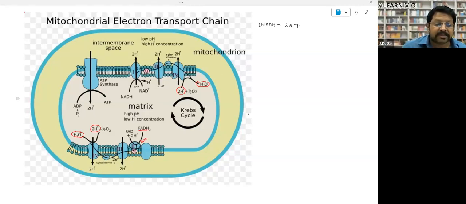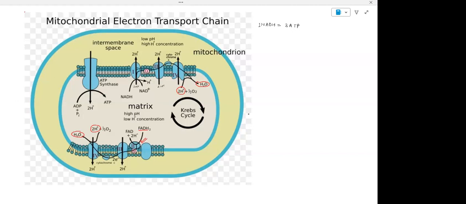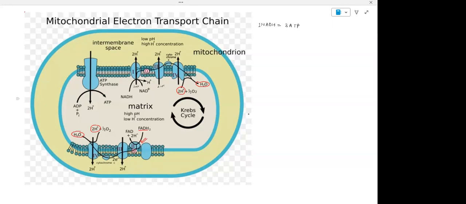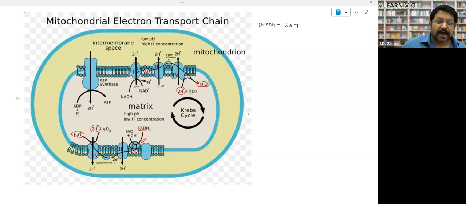This electron will finally be accepted by the oxygen molecule and formation of water takes place. Is that clear, Alia? Yes, sir. So how many hydrogen ions accumulated due to breakdown of 1 NADH? Tell me. 6. Very good. So total 6 hydrogen ions are there.